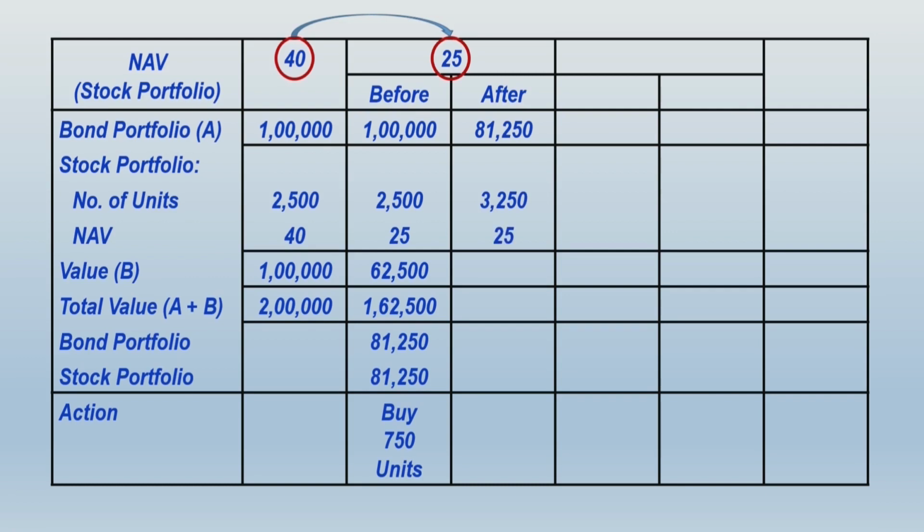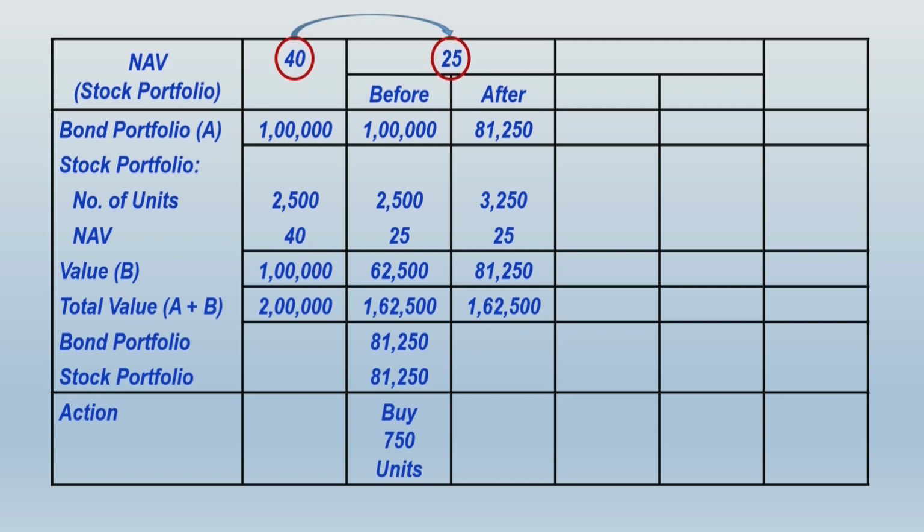Each unit is priced at 25. 3,250 units multiplied by 25 would give you 81,250 in your stock portfolio and 81,250 in your bond portfolio. The portfolio has been rebalanced. 1,62,500 is the amount that you now have in your portfolio, which is 50% in bonds and 50% in stocks. I am sure you people have followed this much very clearly.